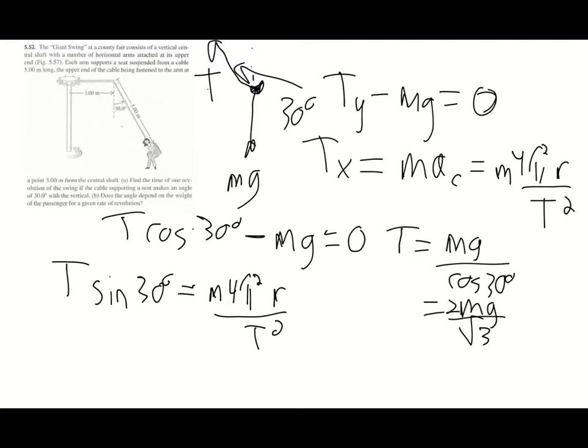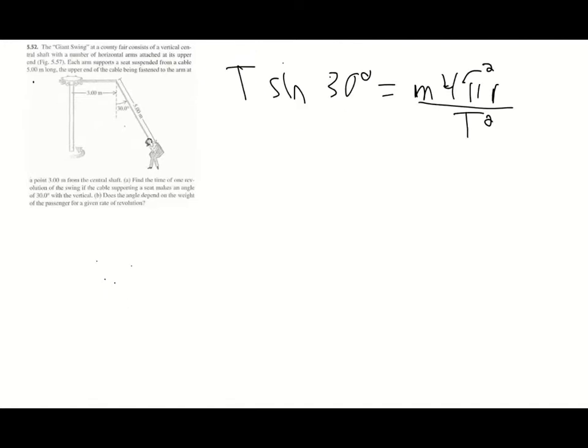So you can see I moved everything up top, and I kind of invented a problem for myself because I have a T for tension and a T for period, which means I need to get rid of that T up on the top left as quickly as I can. So let's replace it with the 2mg over root 3 that we had from the last time.